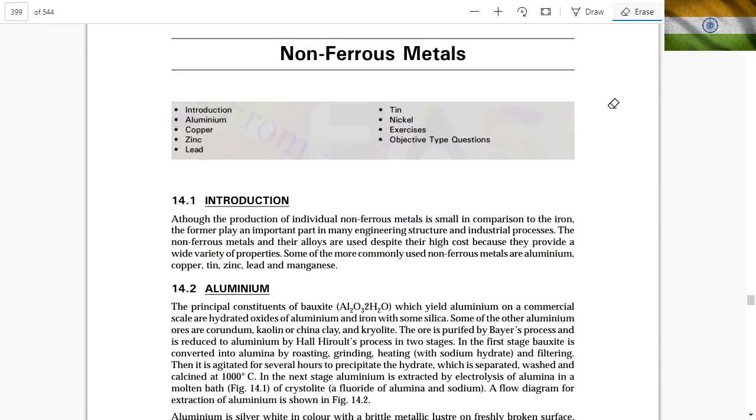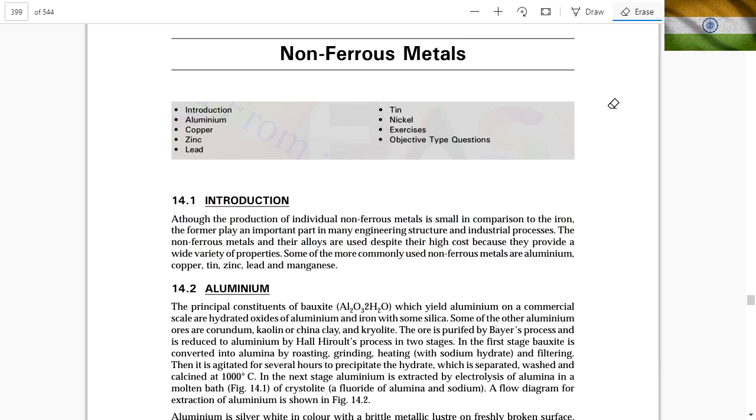So, welcome, friend. I'm going to teach you non-ferrous metals. Yesterday, we discussed the ferrous metals. As you know, the ferrous metals are of great importance in the construction industry.